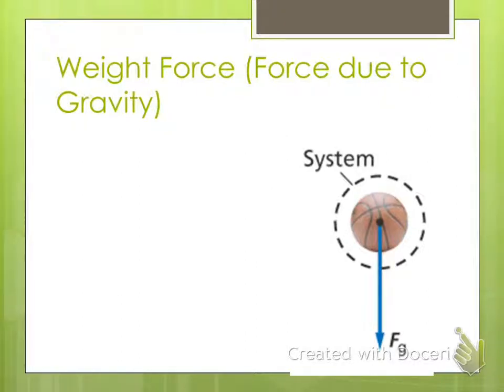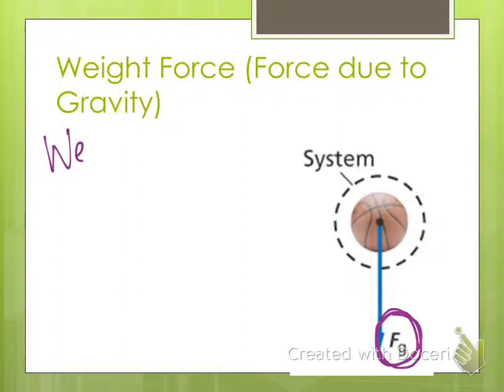Okay, so the weight force, or otherwise known as the force due to gravity, is our F sub g. Okay, so if I ask for something's weight, that means I'm asking you to solve for F sub g. Okay, and weight is now in newtons.